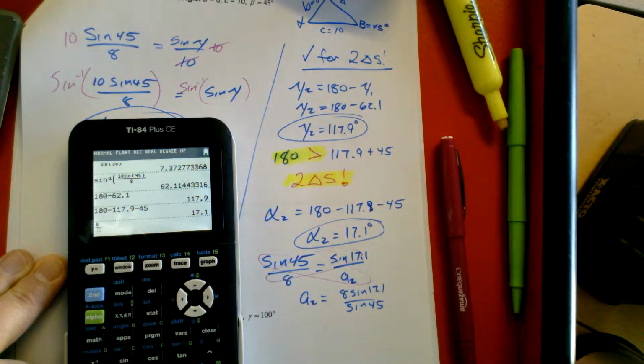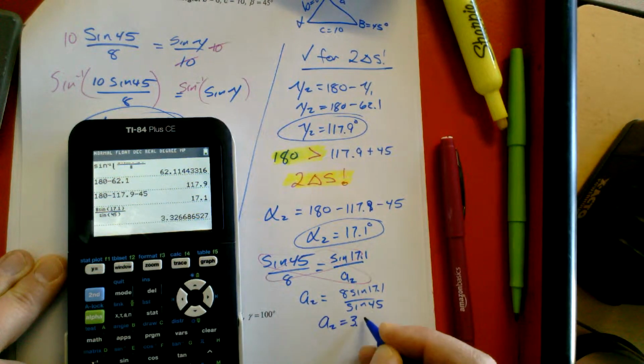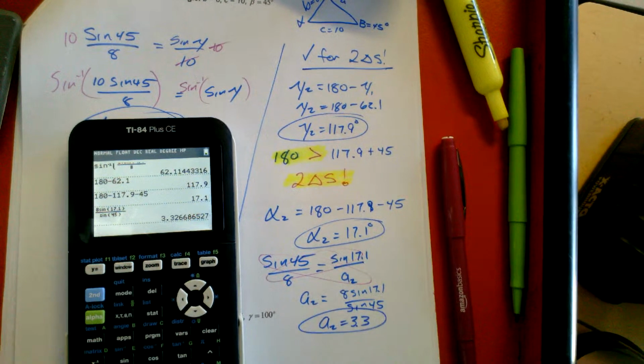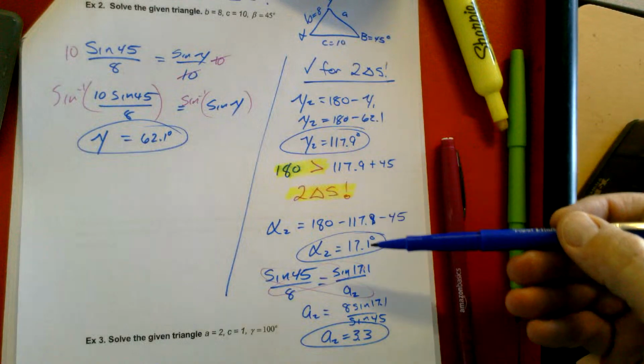I've got 8 sine of 17.1, and on the bottom, I've got the sine of 45. So a sub 2, the little side across from alpha sub 2, would be 3.3. Okay, and that's all the information from the second triangle. Am I done? I'm not done? Oh. So I found all of the information from that second triangle.